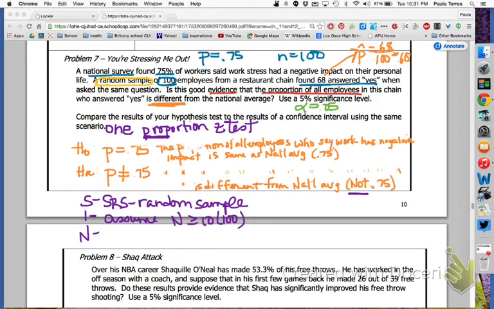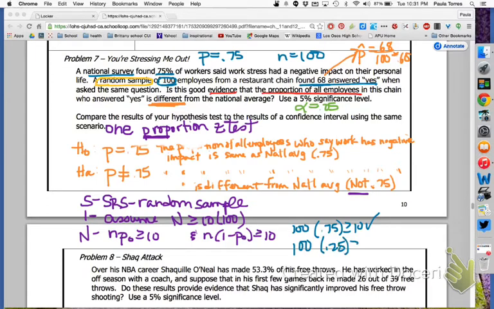And then we're going to check n times p naught greater than or equal to 10, and n times 1 minus p naught. So my n was 100, and my p naught was 0.75. That's definitely greater than or equal to 10. And so is the other version.